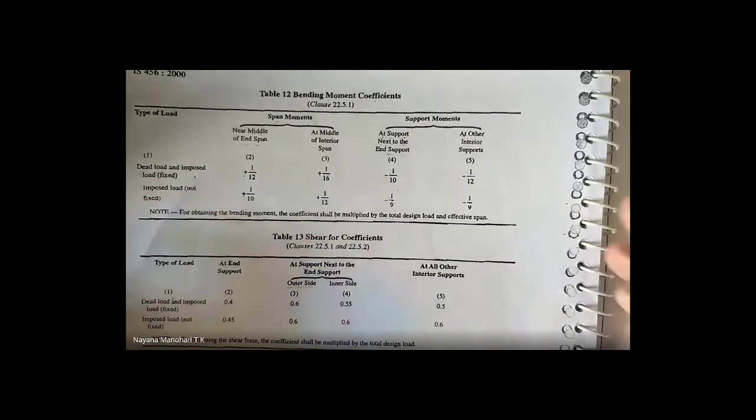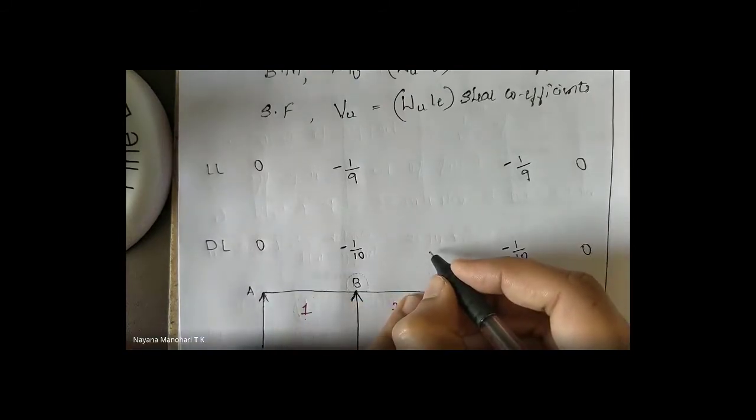At other interior support, this is what? B and D are the supports next to the end support. C is what here now? That is the interior support. At this interior support C, the bending moment coefficient for the dead load is minus 1 by 12.